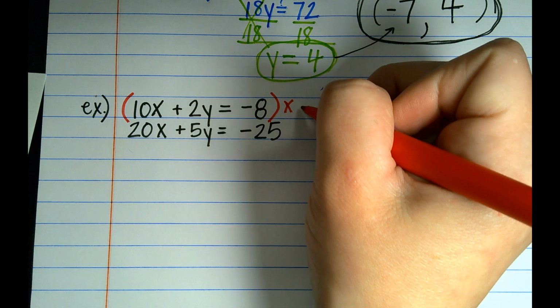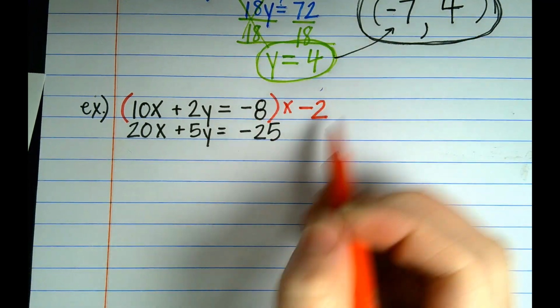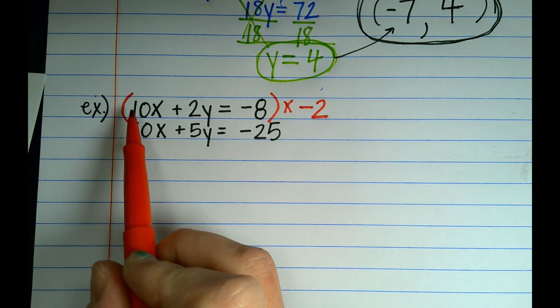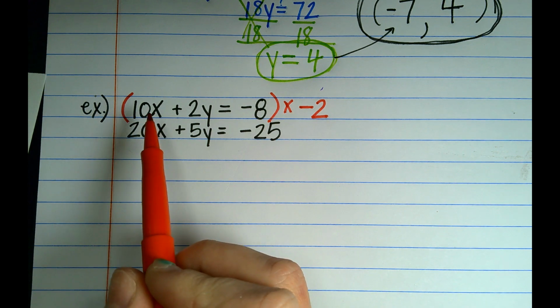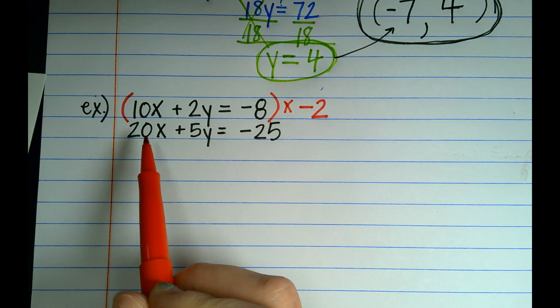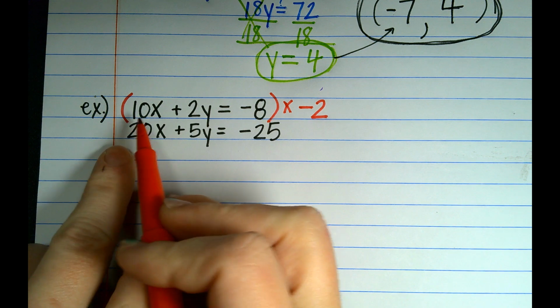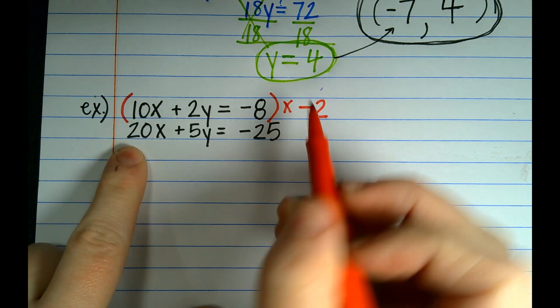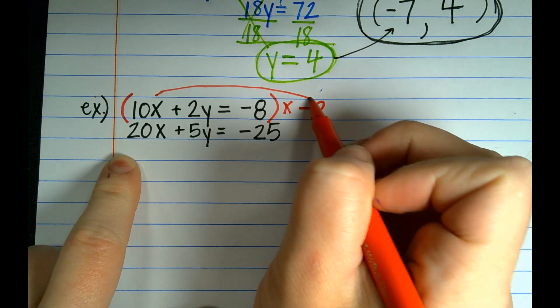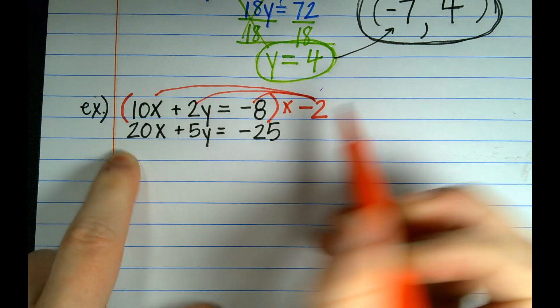Yes, we're going to multiply by -2 so that I get -20. That way, I'll have -20 plus +20, and then they will cancel. They need to be the opposite sign. So let's multiply everything in this equation by -2.